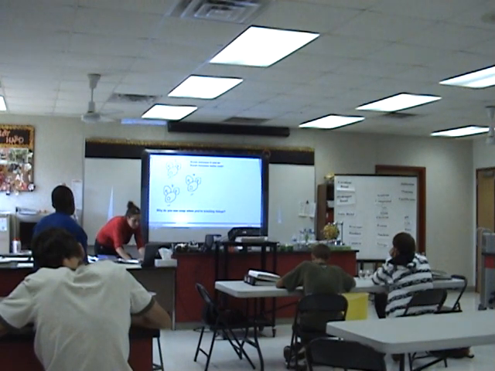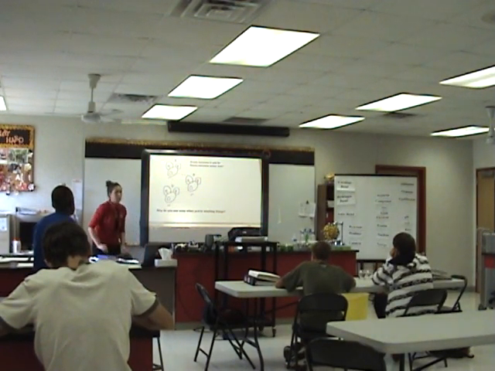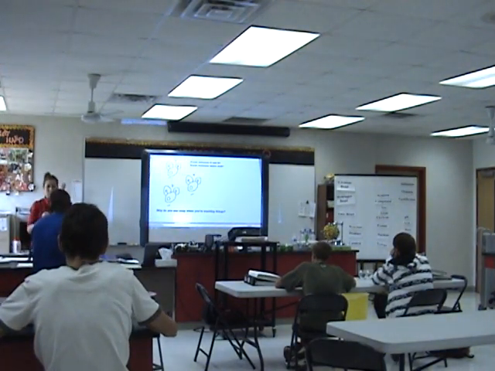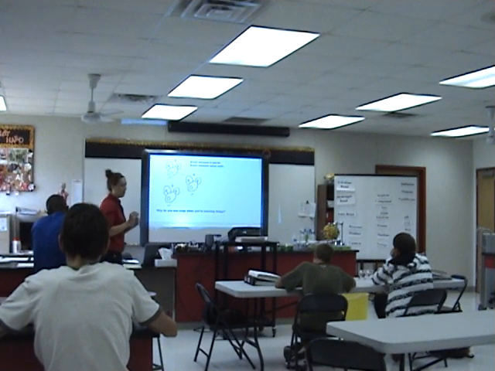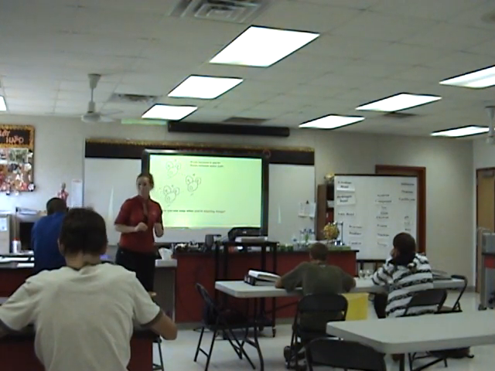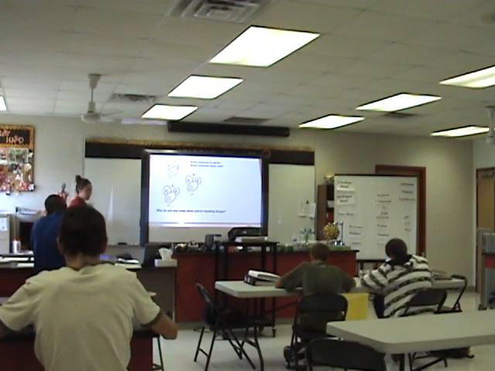This negative is going to be attracted to this positive end here. This positive end is going to be attracted to a negative oxygen end over here. So what I want you to do is put the charges next to the atoms, and then draw the hydrogen bonds between the positive end and the negative.